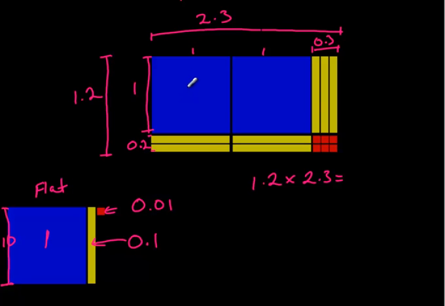So this is worth 1 times 1 is 1, and there are 2 of those. So our answer is 2 wholes, and then we count up our decimals. So this is 0.1, 0.2, 0.3, 0.4, 0.5, 0.6, 0.7. So there's our decimal 0.7.